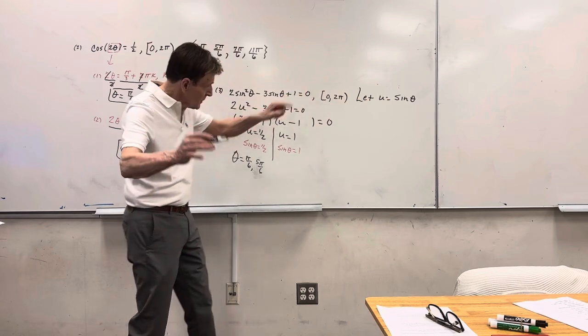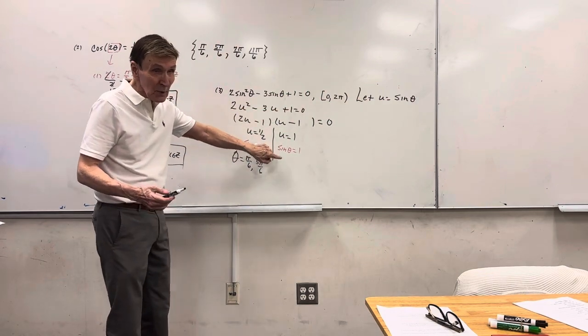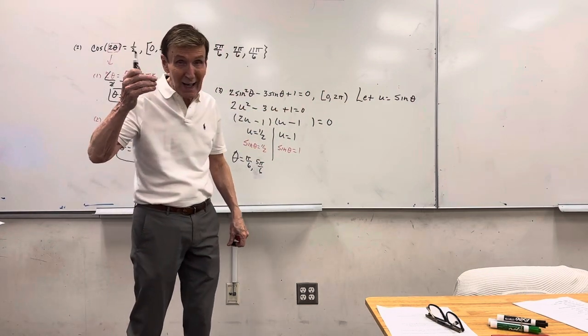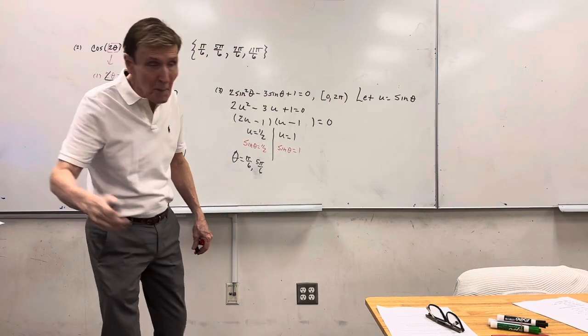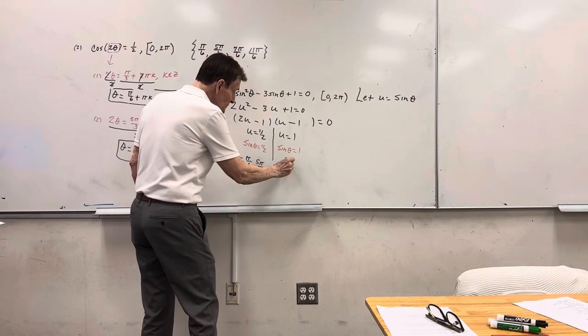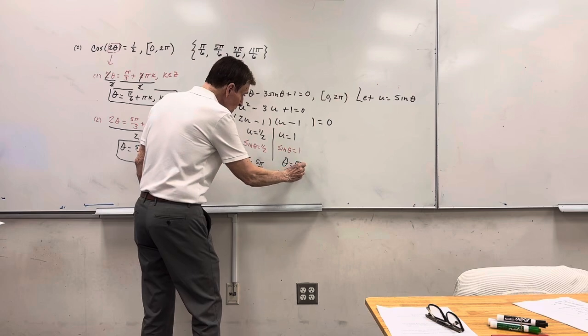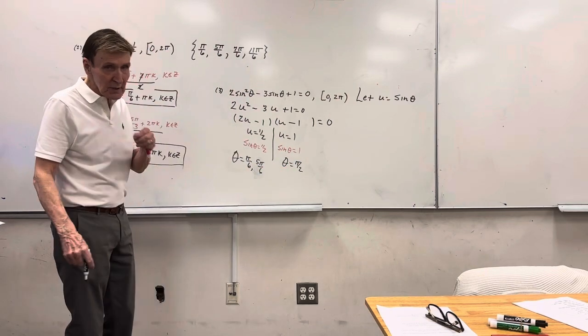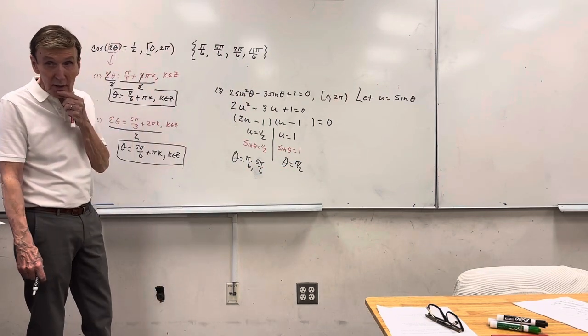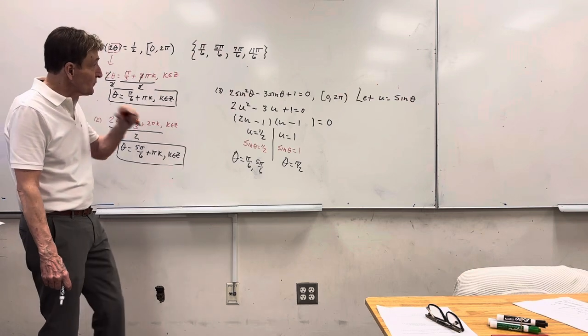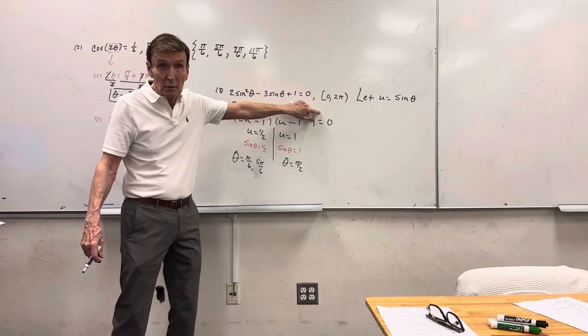Yes, I'm good. Now, where on that unit circle is the y-coordinate, sine, equal to 1? Pi over 2. 3 pi over 2 is a negative 1. You guys agree? And all those fit between these two, the restriction.